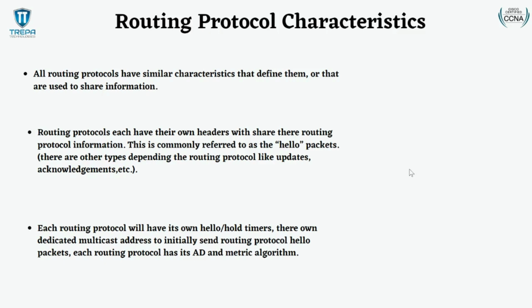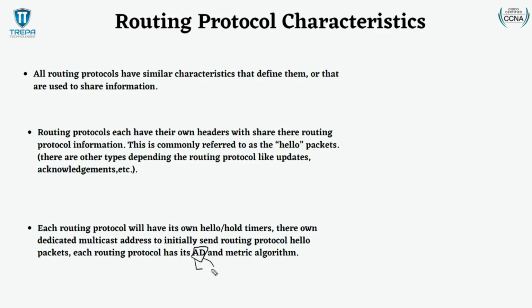Every routing protocol also has its own parameters that have to match to be able to become neighbors with other routing protocol enabled routers. Each routing protocol also has its own algorithm and its own administrative distance. We're going to learn about administrative distances in the next slide. This is how well a router trusts a routing protocol.